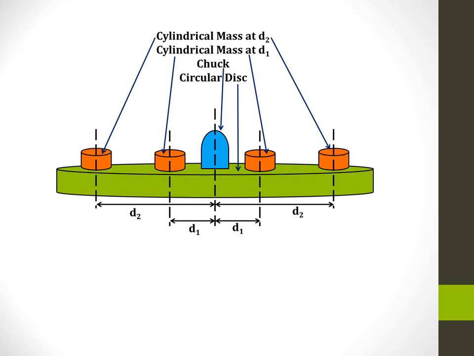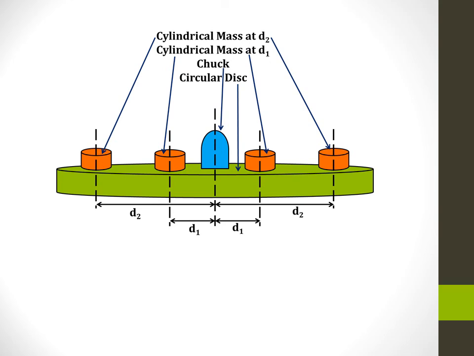Let us have a close-up of this picture again. We just said what was meant by Im and what was meant by M d1 square or M d2 square. Im stands for the moment of inertia of just the cylindrical mass with its axis passing through the center. This axis is parallel to the axis of the circular disc.